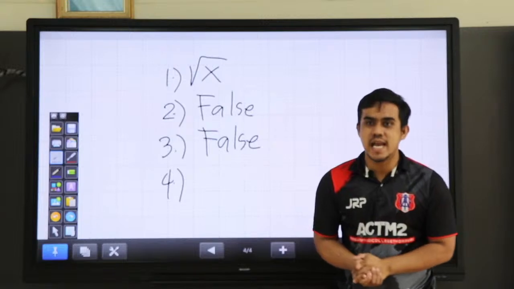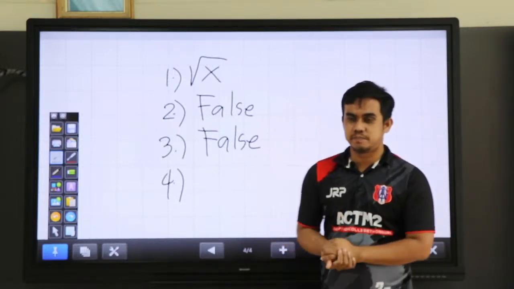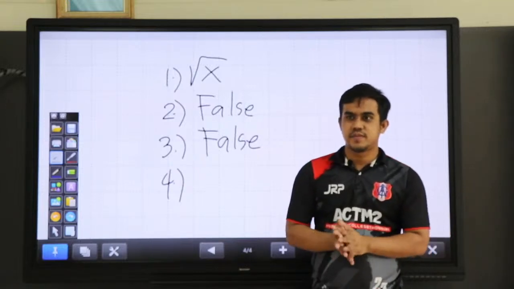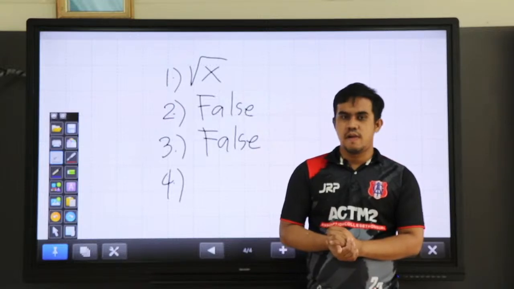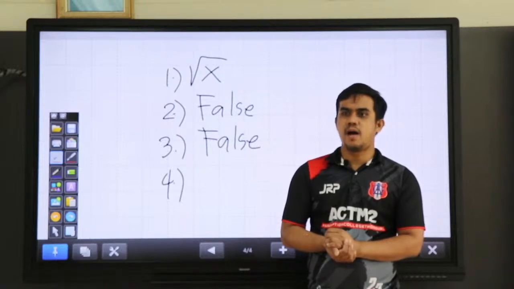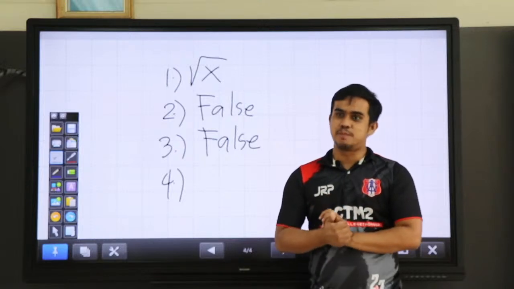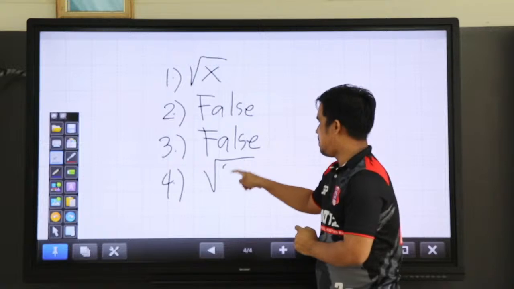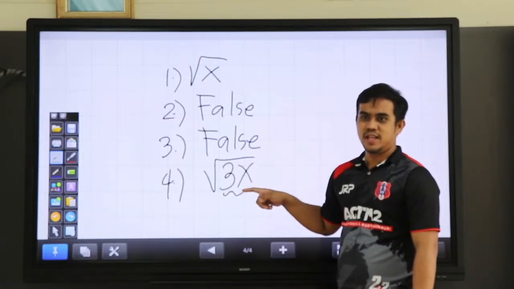Go. Oh, I think only one got the correct answer. Square root of 3x, not square root of 3. The correct answer is square root of 3x. It should be both 3 and x. Only one got the correct answer.